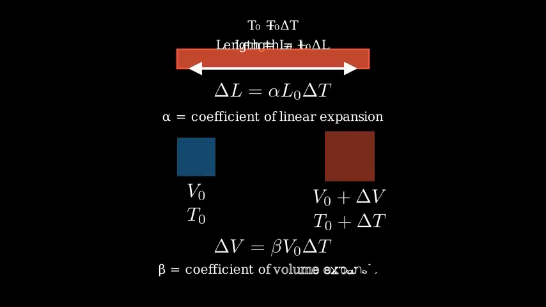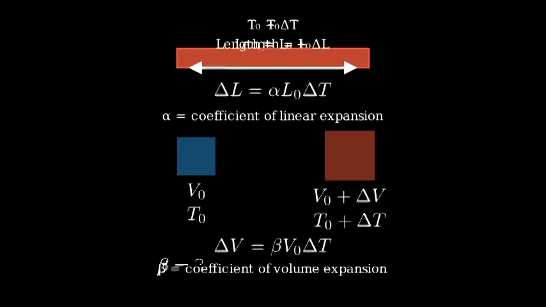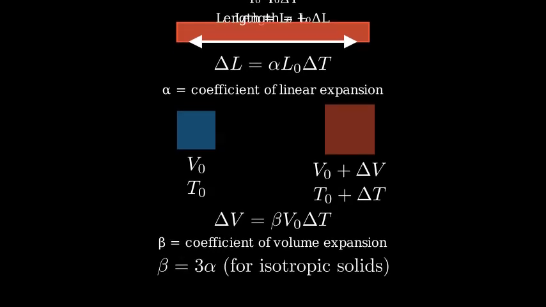Similarly, for volume expansion, the change in volume delta V is proportional to the original volume V0 and the change in temperature delta T. The equation is delta V equals beta times V0 times delta T, where beta is the coefficient of volume expansion. For isotropic solids, beta is approximately equal to 3 times alpha.